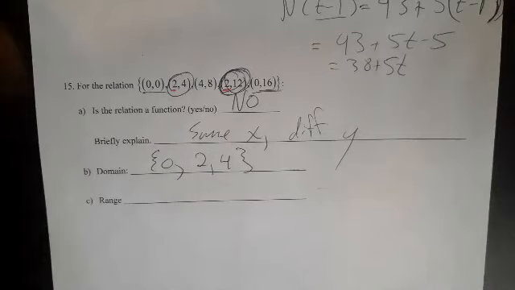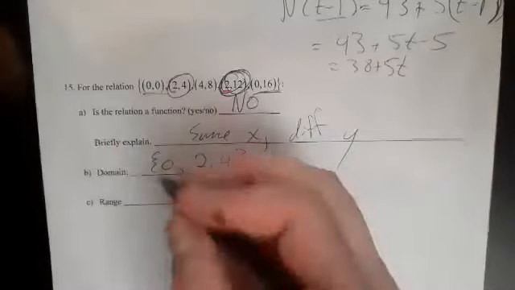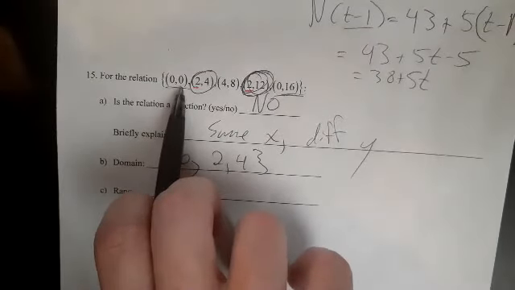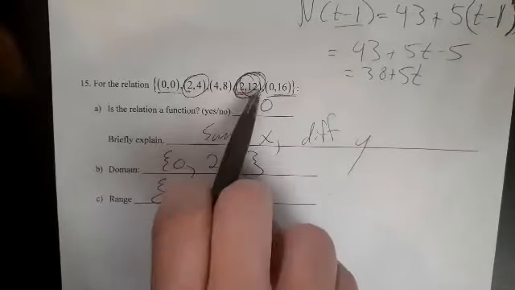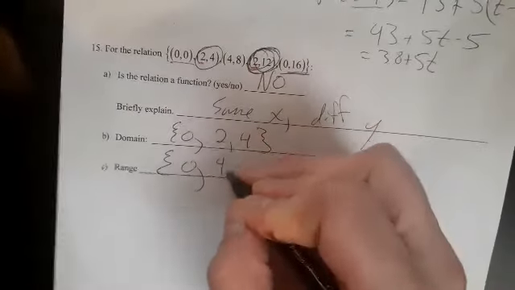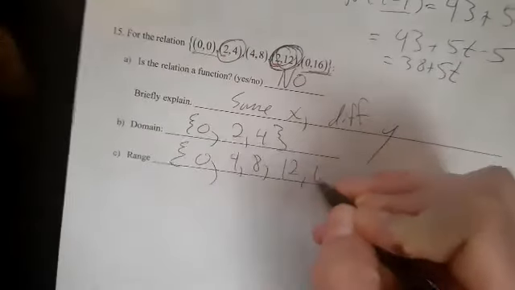If there are repeating values, you don't have to put them in multiple times. Least to greatest, put them in there. Now in the y's, I have 0, 4, 8, 12, and 16.